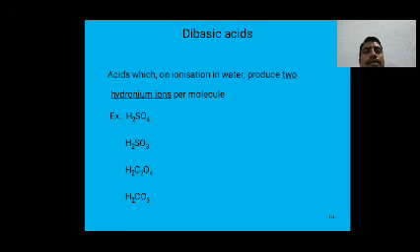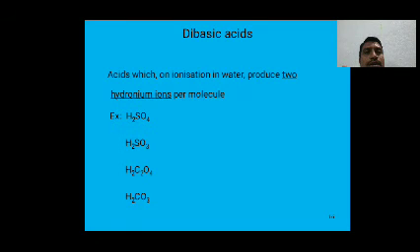H2SO4 ionizes to 2H plus and SO4 minus 2. It produces two H plus ions in aqueous solution, so these acids are called dibasic acids.